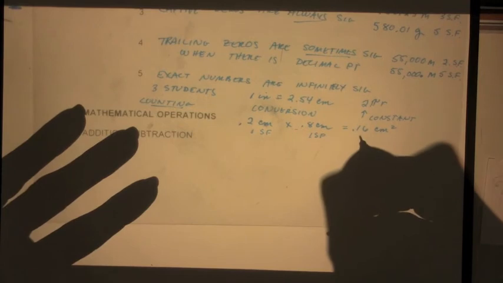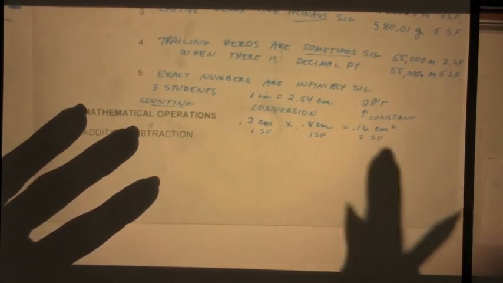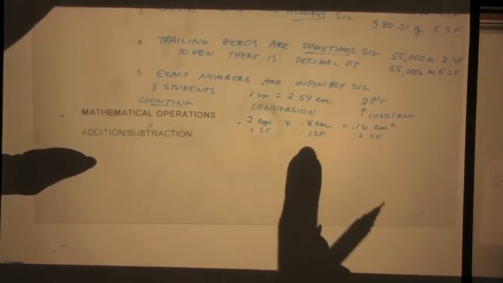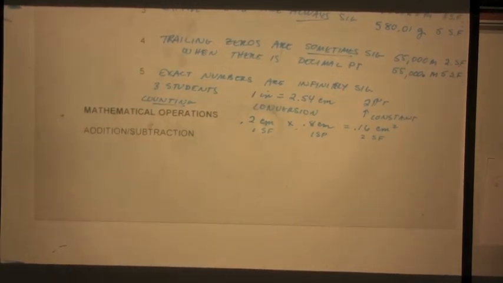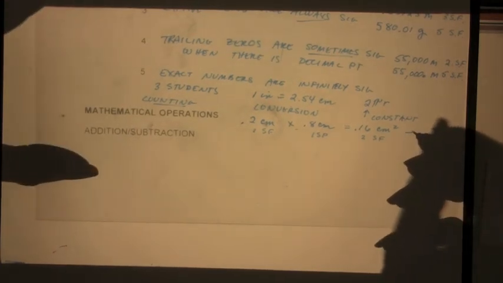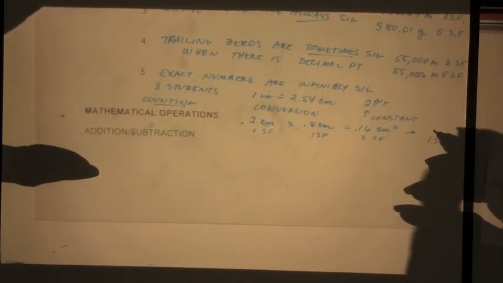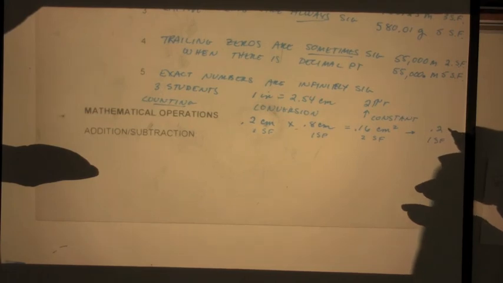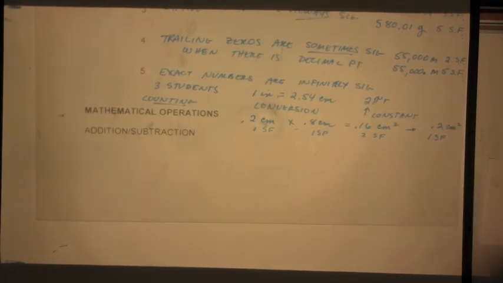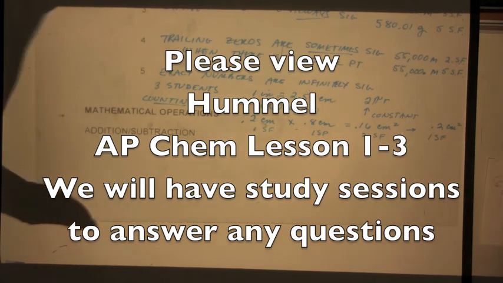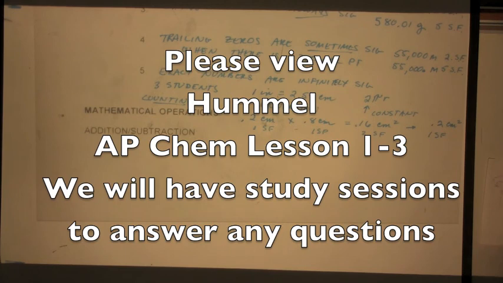In my answer, it's represented now as 2 sig figs. So it looks like I've actually gotten more precise just because I multiplied the two numbers together. We don't have that happen in science. We would round this so that there is only 1 sig fig in the answer. We would round this to 0.2 square centimeters. All right, so you cannot get more precise just because you've performed an operation on the two numbers.